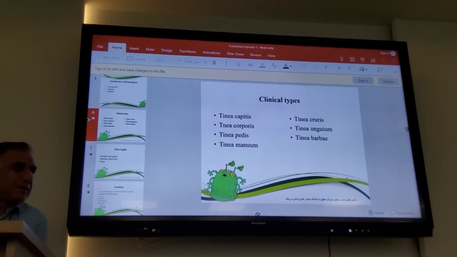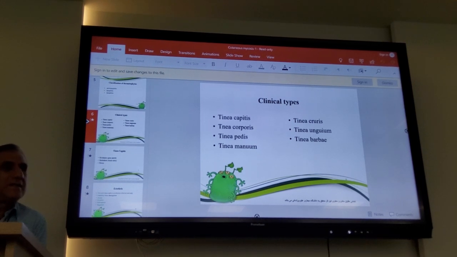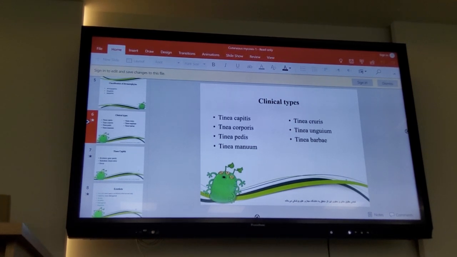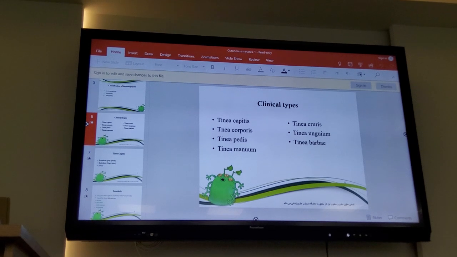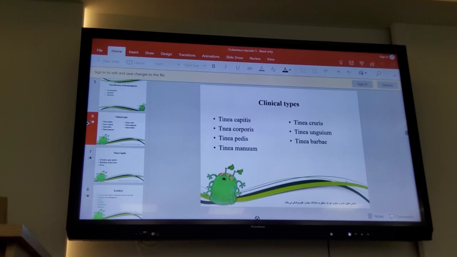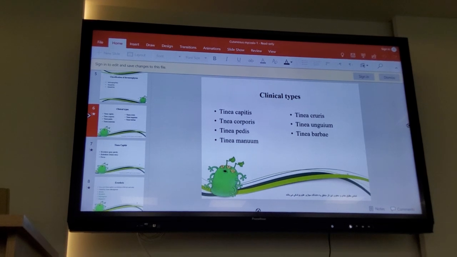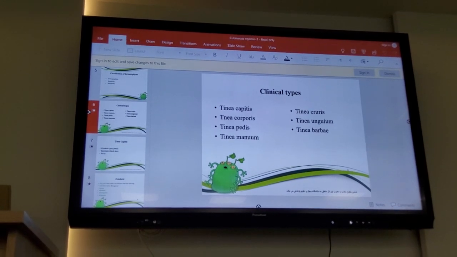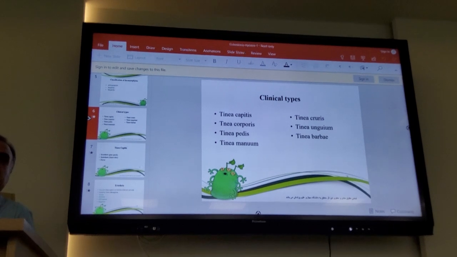Okay, what is Tinea capitis? Yes. When the infection is in the head, the name is Tinea capitis. When you have dermatophytosis in the head, the type of infection is Tinea capitis. Tinea corporis is any part of the body without the head: in the trunk, shoulder, arm, hand, thigh, leg.